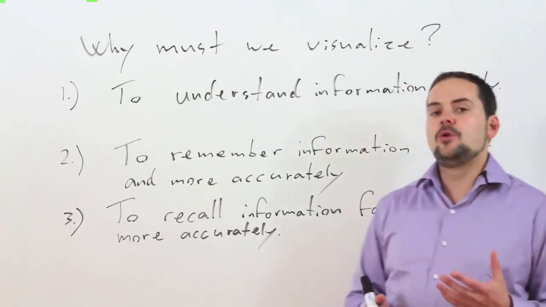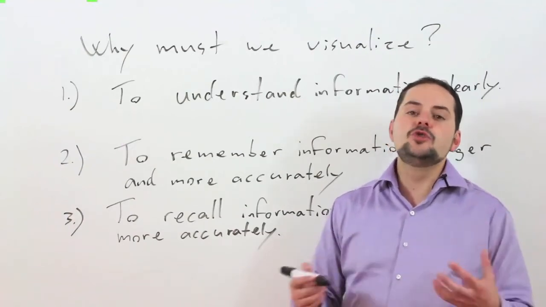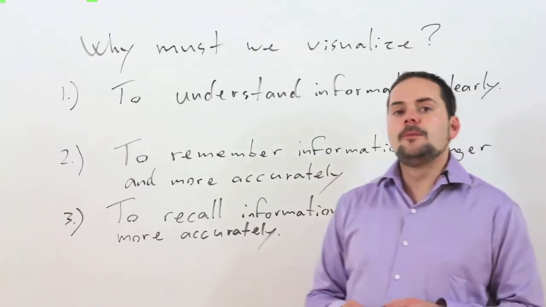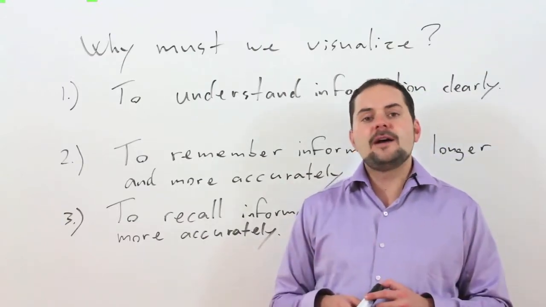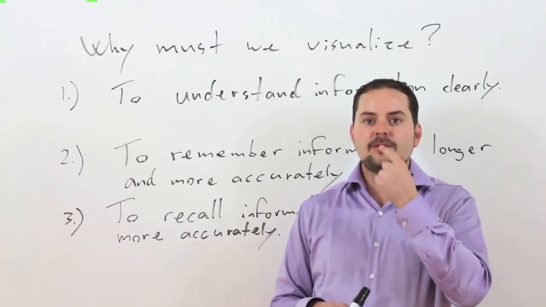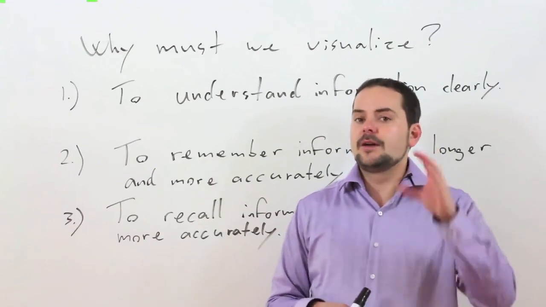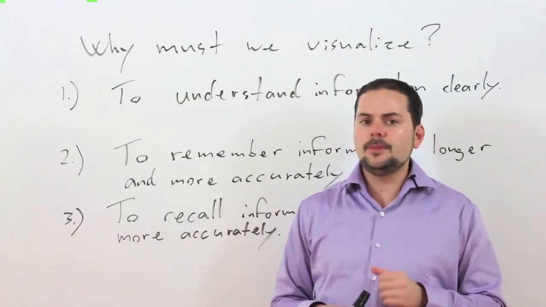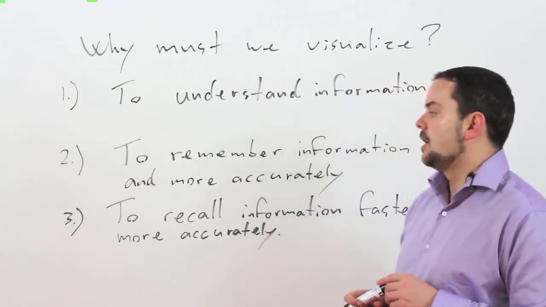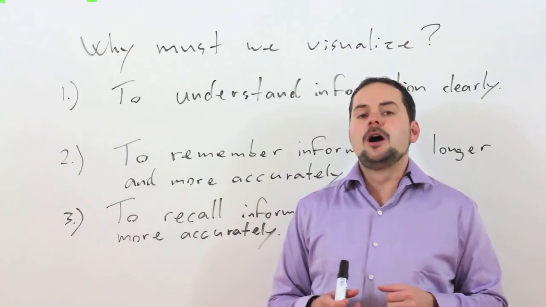Now, just one last point that I'm going to put up here about why practicing visualizing information when you're learning is so important. Humans are visual. We have 5 senses, okay? We have our sense of smell, we have our sense of taste, we have our sense of hearing, we have our sense of touch, and we have our sense of sight. From these 5 senses, our most powerful sense is arguably our vision.